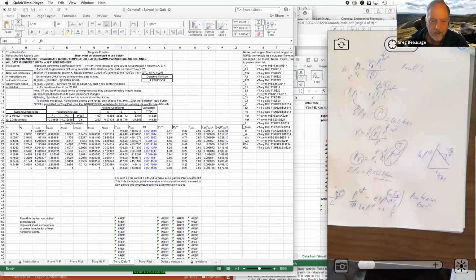So the fit he's doing is a log of P and then 1 over T. So the guesses you're making are in 1 over T space, right? It has to be in Kelvin.